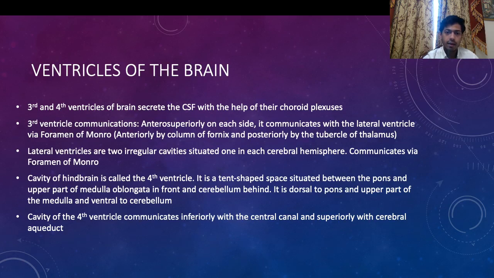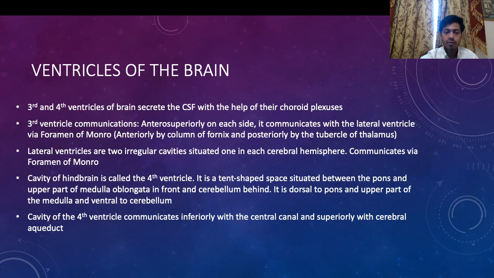The cells responsible for creating and secreting this CSF are ependymal cells, which line the choroid plexus. I think in the following slides you'll see an image which will describe what I'm trying to say.